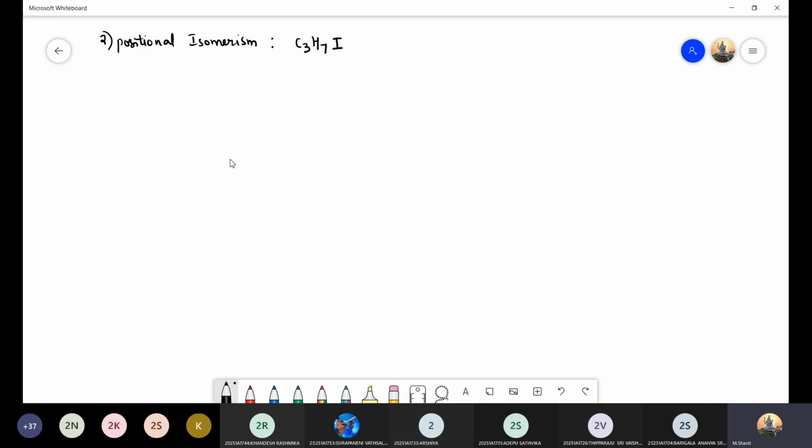So how many positional isomers can you write for this? 2, ma'am. So this is C3H7, right? This is an alkyl group, the propyl group. So this is propyl iodide.